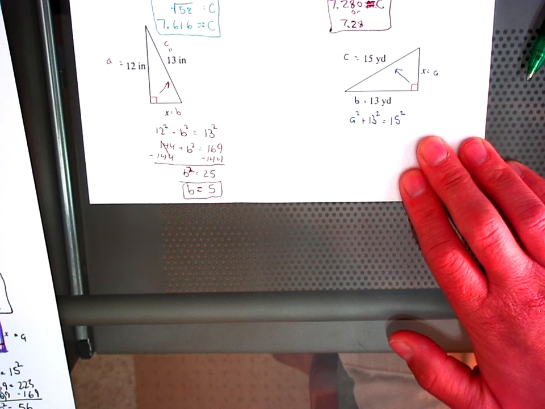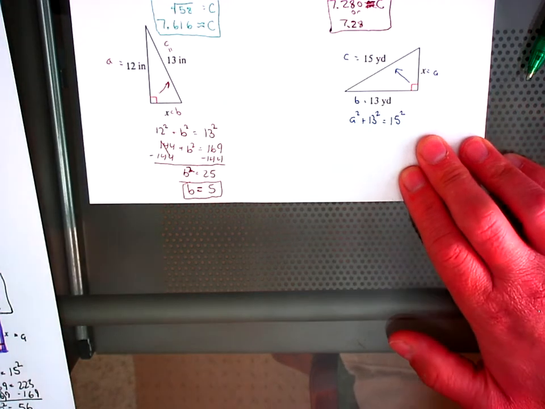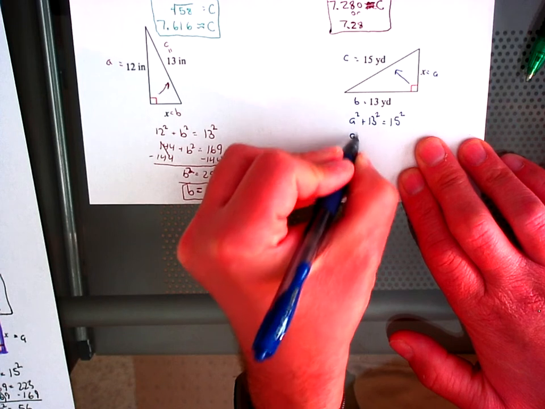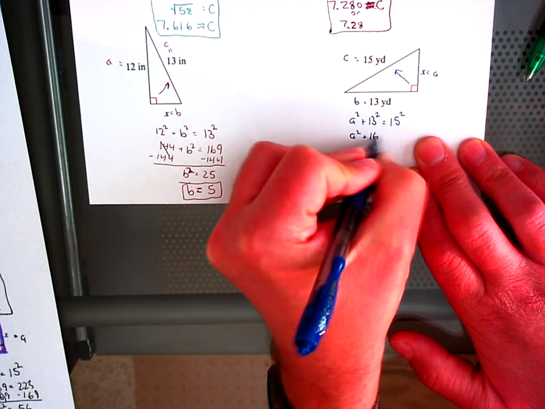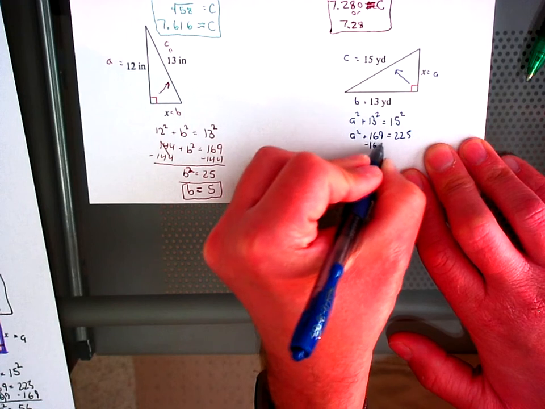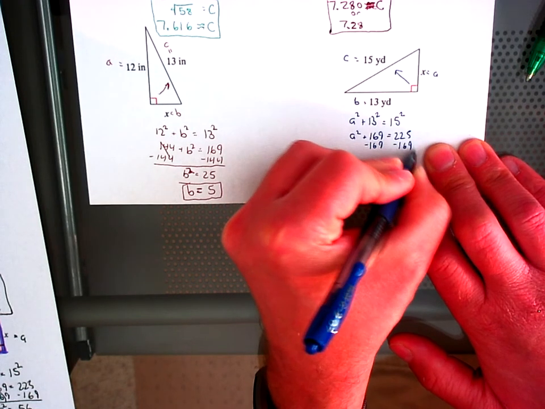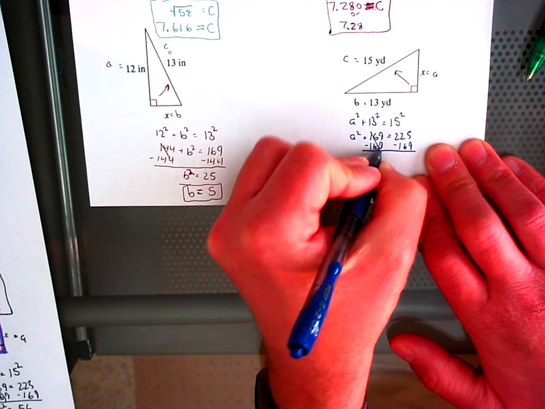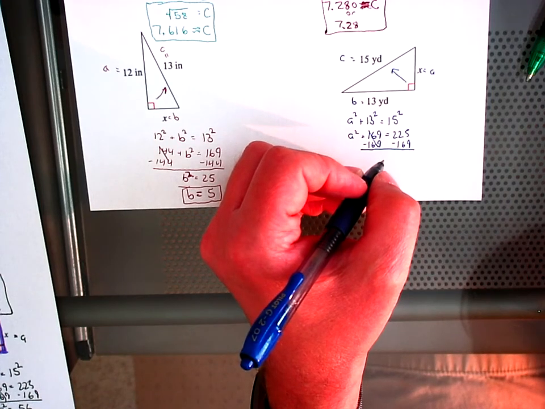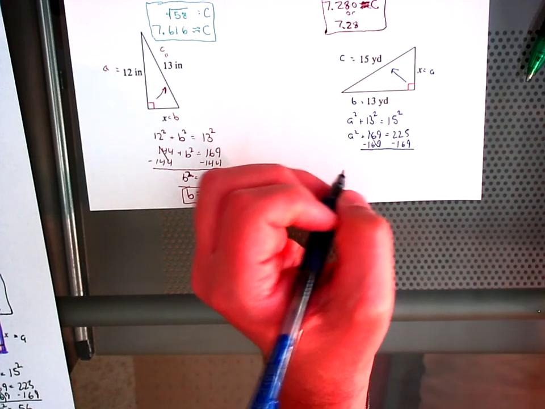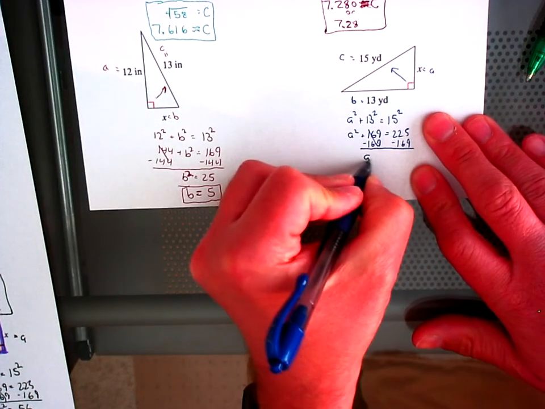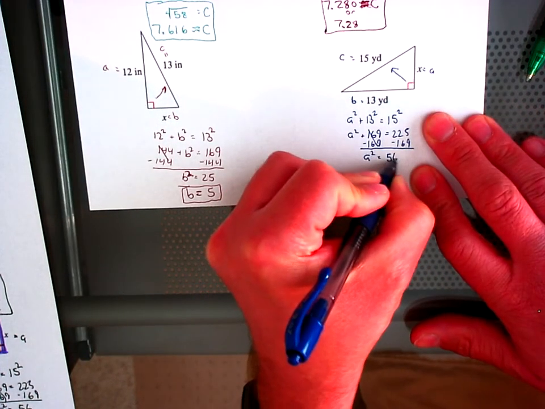And again, once you get these in the right place, all you have to do is then do those calculations. So that becomes 169 equals 225. Subtract the 169. So when I take the 225 and subtract the 169, I get A squared equal to 56.